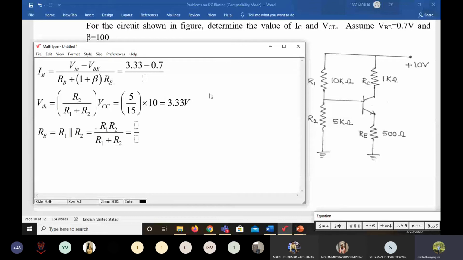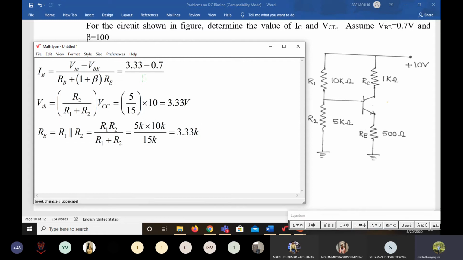So 5K into 10K divided by 15K, so 5 plus 10. K into K, K square by K, becomes K again, that is equal to 50 by 15. 50 by 15 means we get 3.33K, 3.33 kilo ohms. It's in kilo ohms.